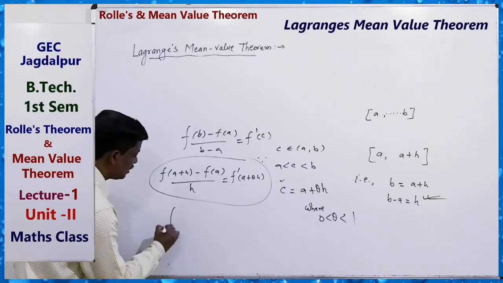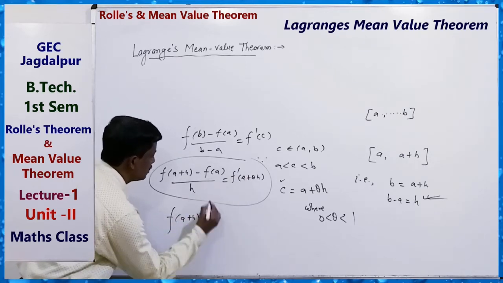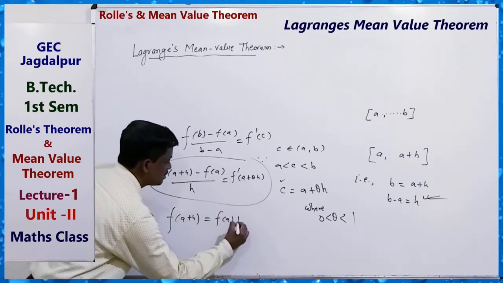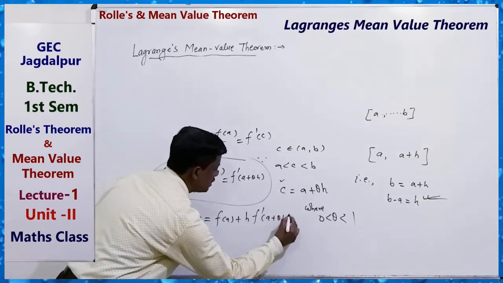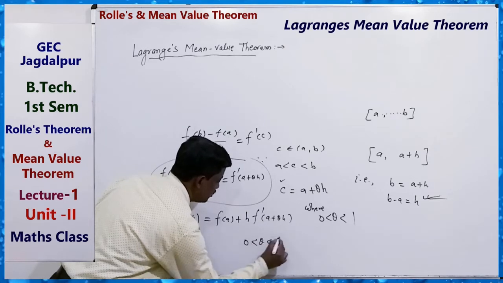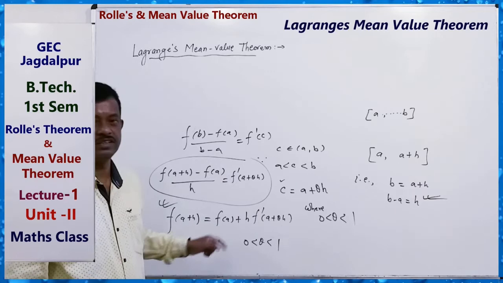From here we can write, transferring H, f(A plus H) equals f(A) plus H f dash(A plus theta H), where theta lies between 0 and 1. So we can write Lagrange's mean value theorem in this form.